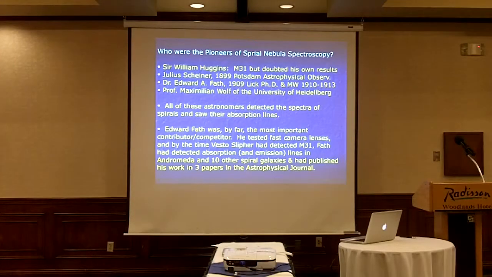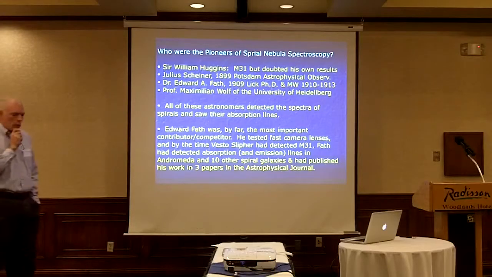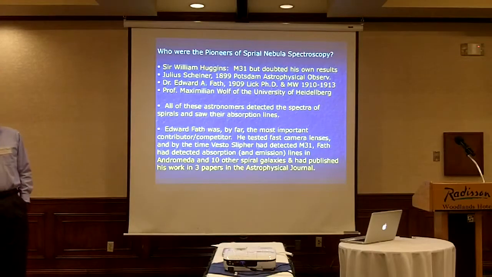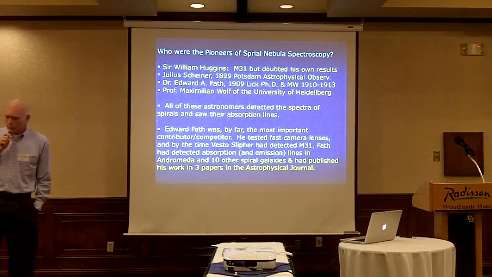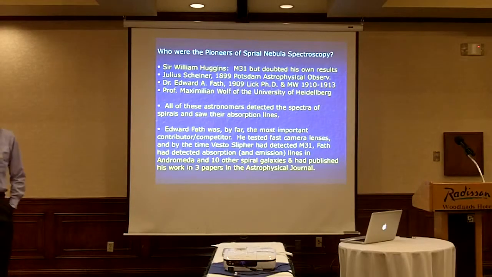In all these cases, comparison spectra were put along with the object spectrum on the same plate, and he worried that the spectrum of the sun had contaminated his spectrum of Andromeda.